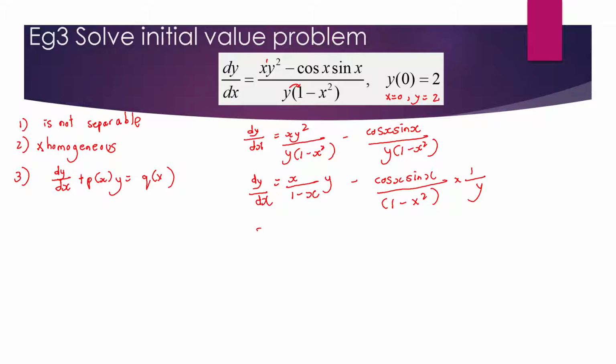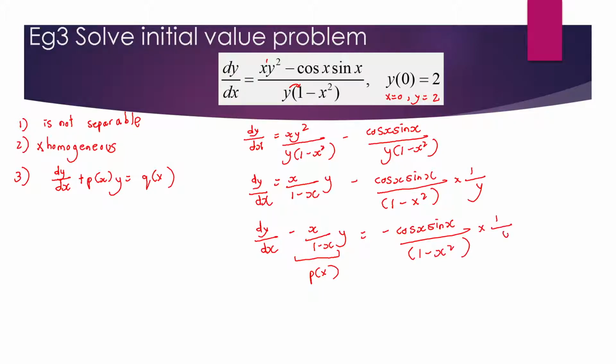This one it will bring to the front, so dy dx, so this is positive, so minus x over 1 minus x squared times y. This looks like your p(x). So you have the form dy dx plus p(x) y to the power 1, and then the right-hand side, negative cos x sin x divided by 1 minus x squared.